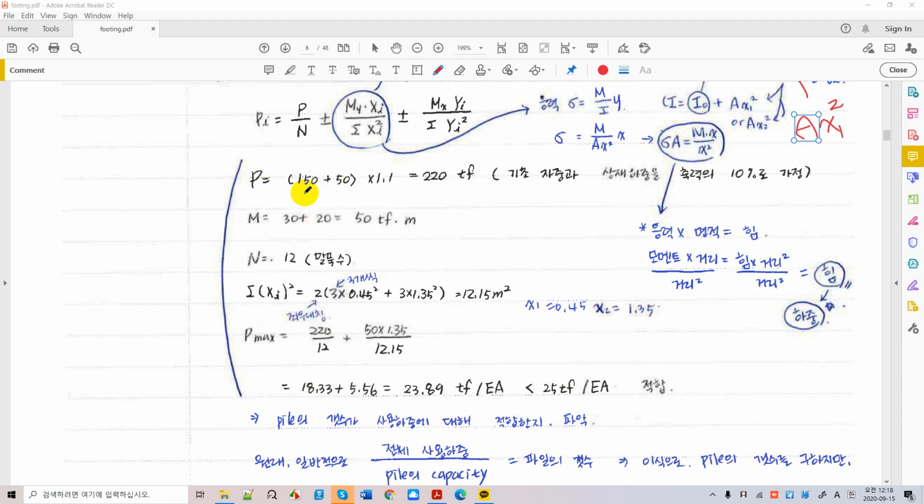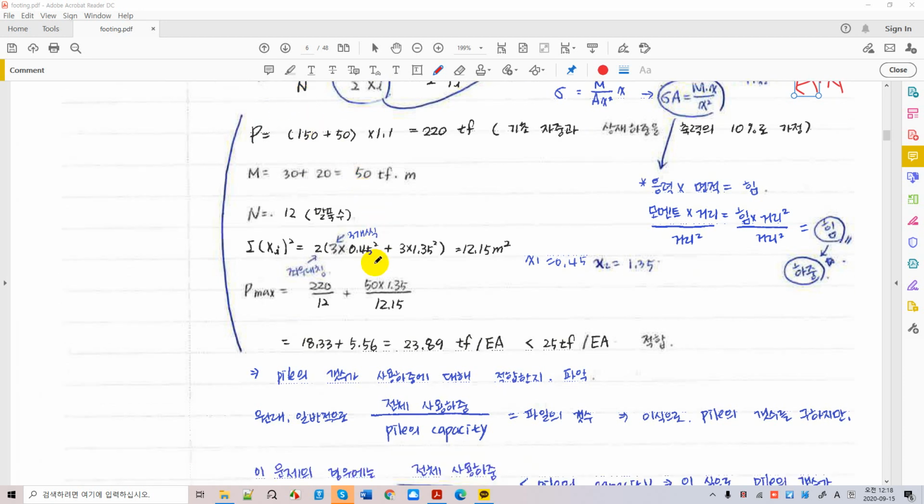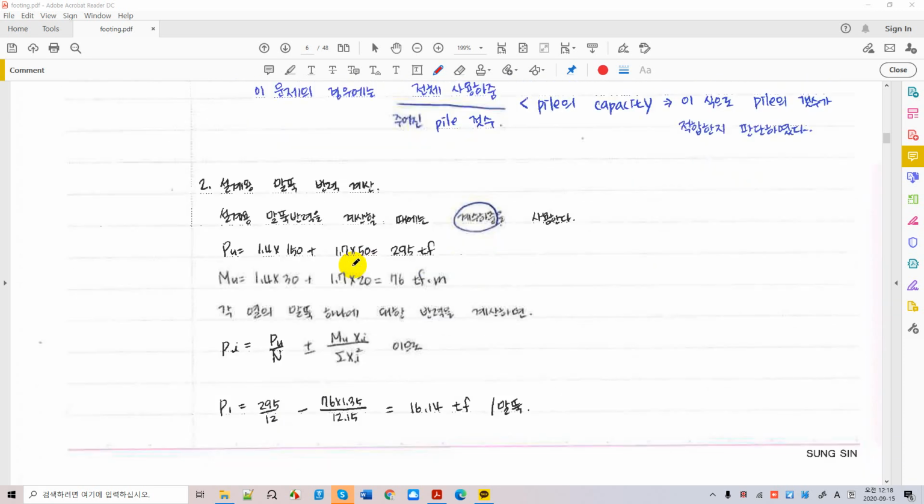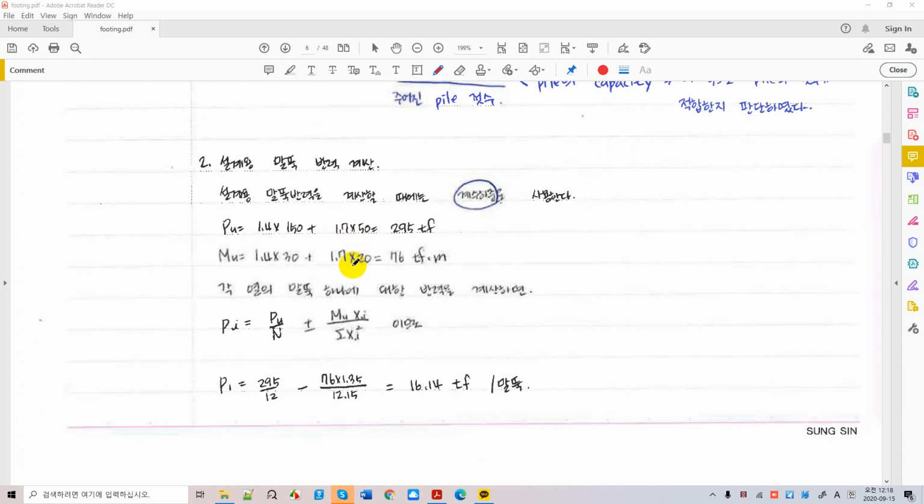Now we verify that 12 piles for supporting this loading condition looks okay, right? And we're going to design the pile caps and piles, everything. Right here, now we have to calculate the pile force caused by one pile.